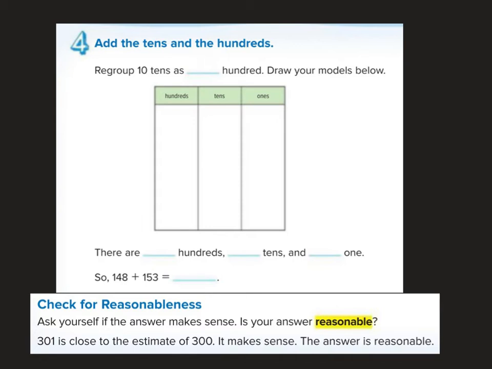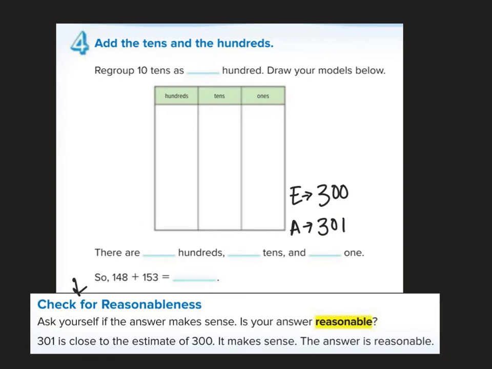So last thing I want to talk about on this page though is checking for reasonableness. Ask yourself if the answer makes sense. Is your answer reasonable? So when we estimated, we said our answer should be 300. And when we did it, we got an answer of 301. So this was our estimate. And this was the actual answer.